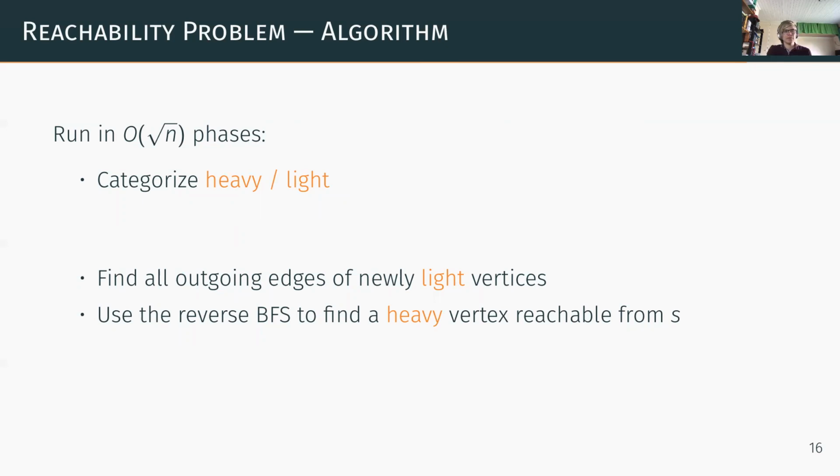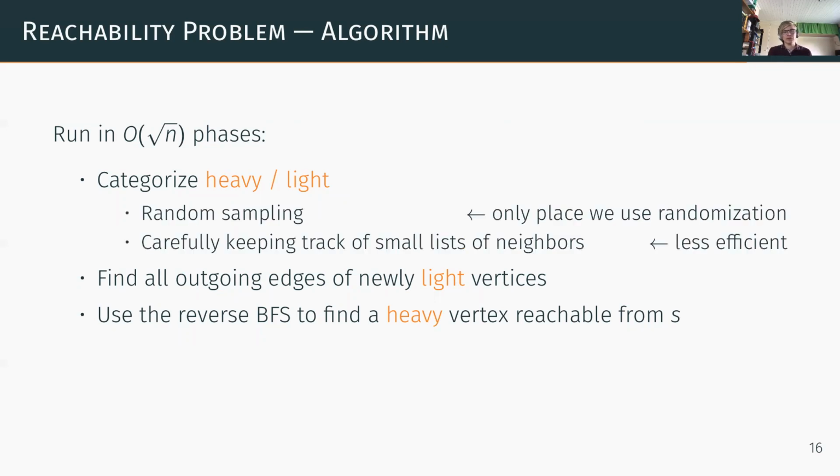So in the phase, this first problem of categorizing heavy and light vertices, we do not know the degree of a vertex. So we need to do some sampling with these queries to solve this. And this is what we do in the randomized case. We just use a simple sampling procedure, quite standard, to find the approximate degree of a vertex.